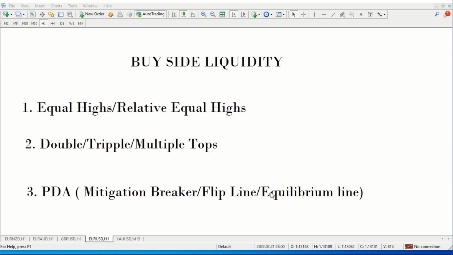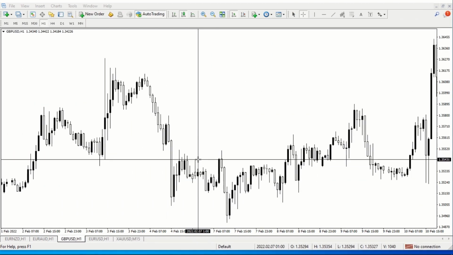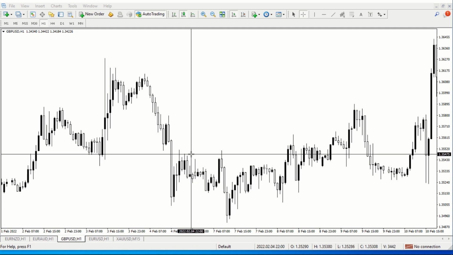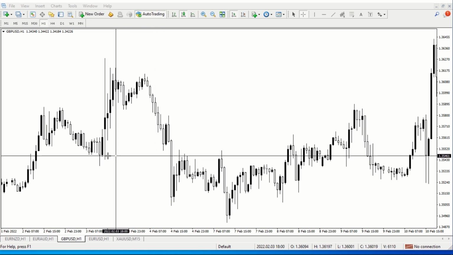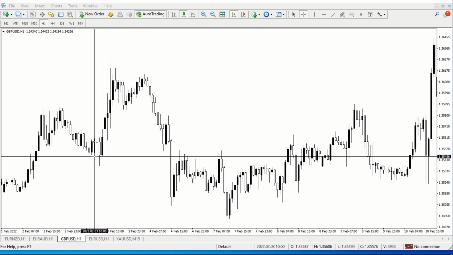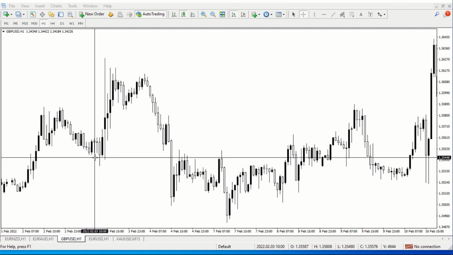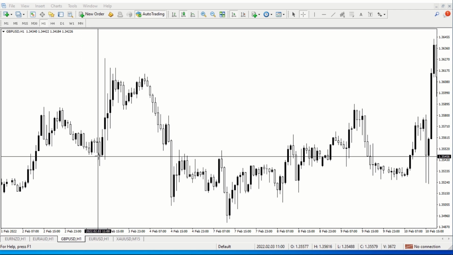So I'll take you to the charts, then I'll help you locate these concepts. This is a typical example of a flip line or mitigation breaker or equilibrium line. Observing this area very well, it served as support for price to go bullish. Now let's get to the right side of it.